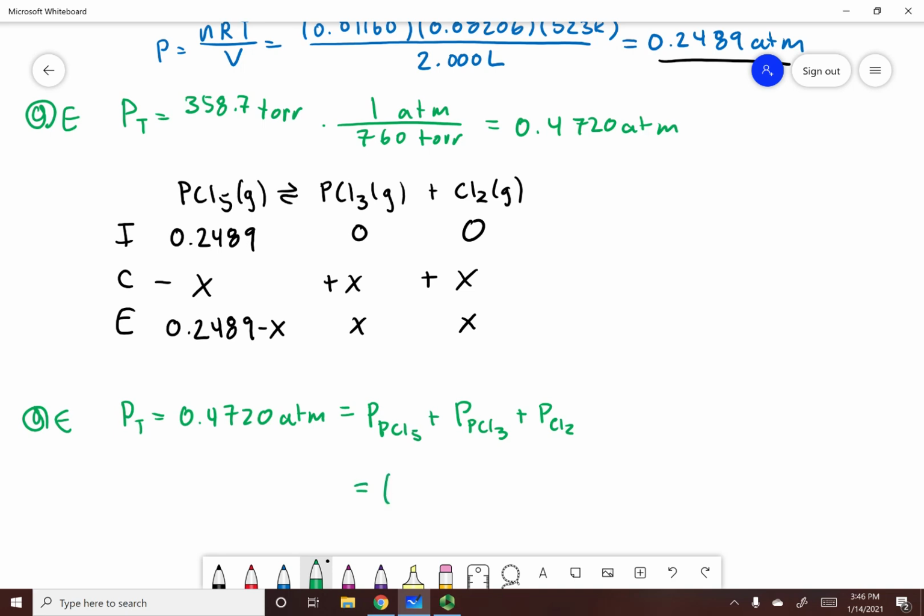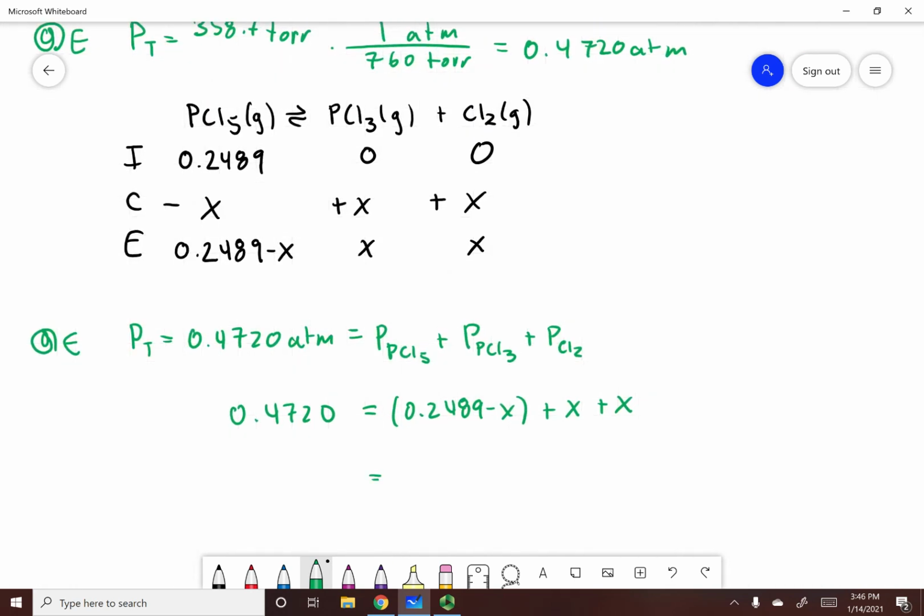I have an expression for each one of these pressures. According to my ICE table, the pressure of PCl5 is 0.2489 minus X, the pressure of PCl3 is X, and the pressure of Cl2 is X, and this all equals that total pressure.